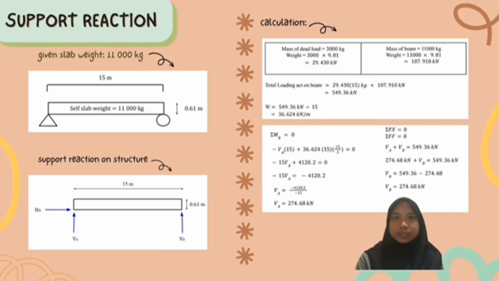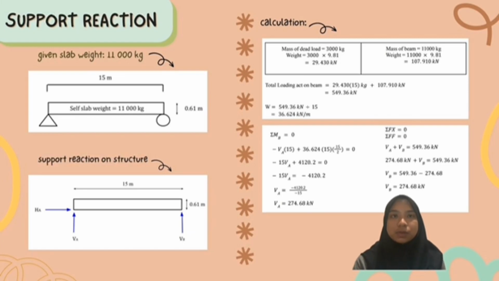So the next part is support reaction. Given the slab weight is 11000 kg, it is interpreted as support reaction on the structure like so. I have drawn HA on the x-axis, VA and VB on the y-axis. So the calculation is like this.